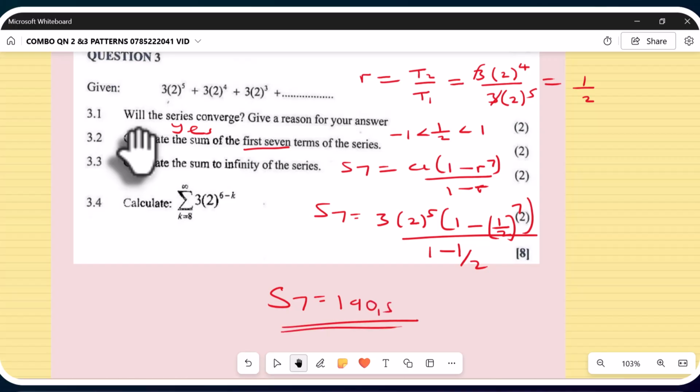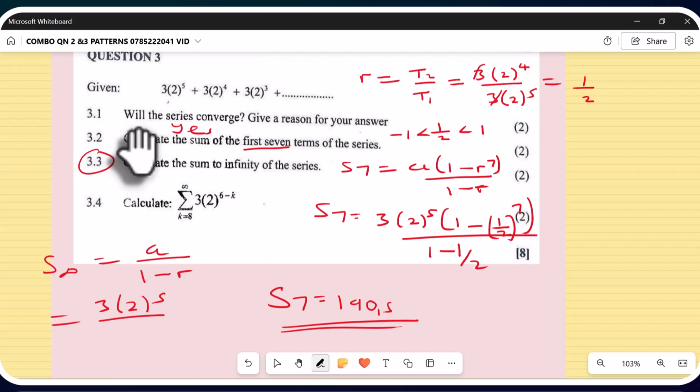Now this one, I know the sum to infinity. I got 192. Now the sum of the first 7 terms here, if we check, it is 190.5.